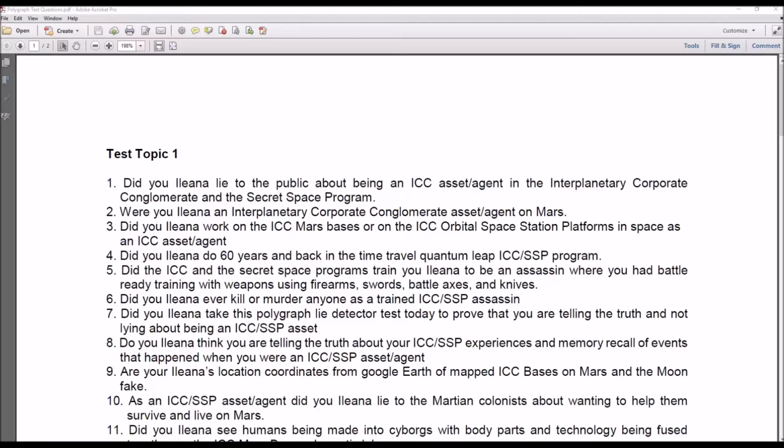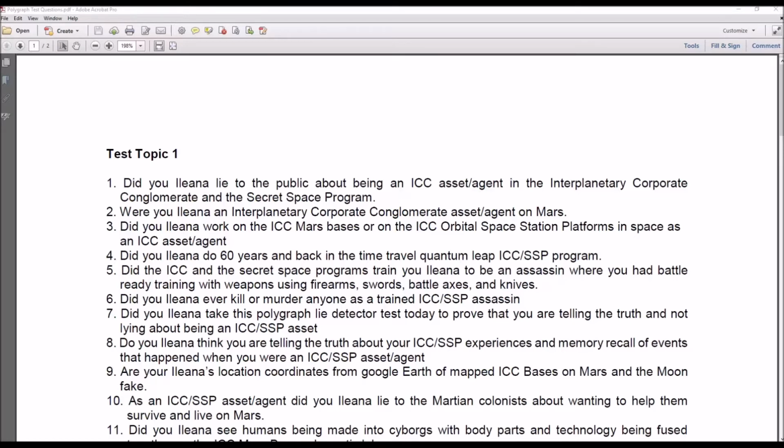We might have the same references to names, like the secret space program groups, the interplanetary corporate conglomerate, or the ICC orbital space station platforms. Those are common names that we remember, where we got our training, assignments, missions, all that stuff. That's the same, but our experiences could be very different from each other.